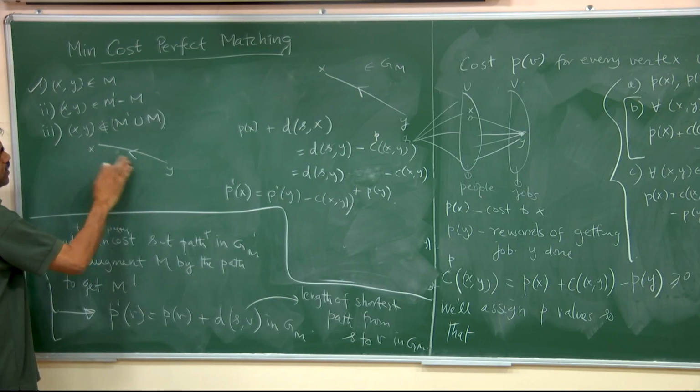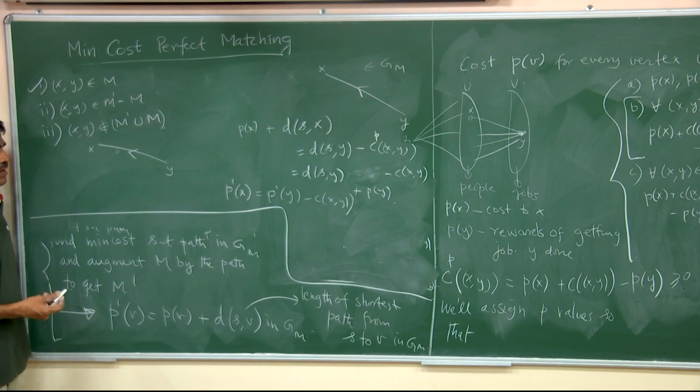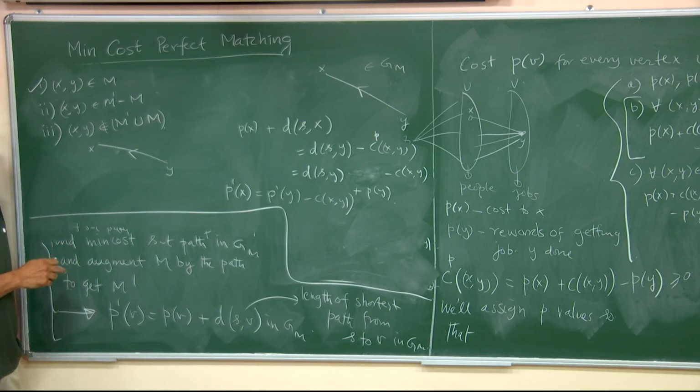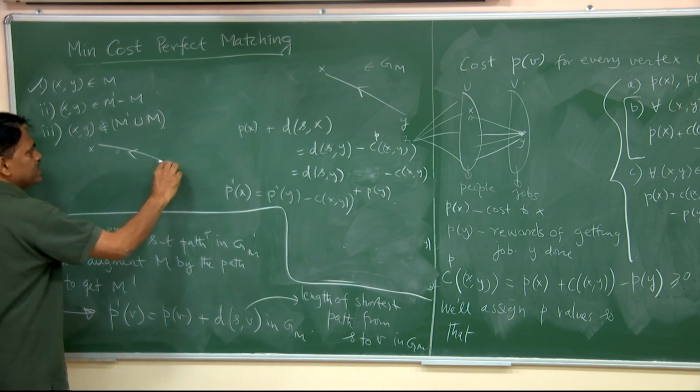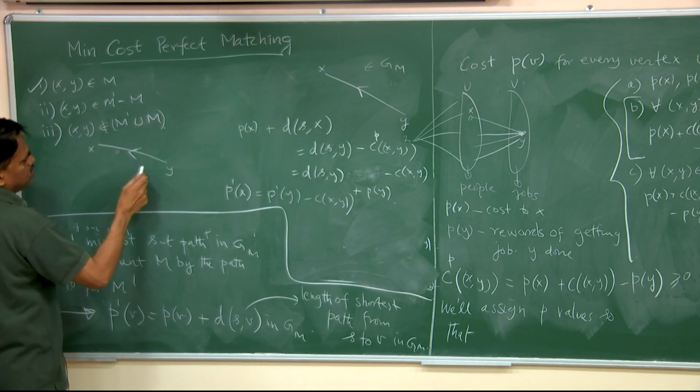In that min cost path, yx is there. That's why this edge xy got in, right? Because this was in M prime but not in M, that means in the augmenting path this edge was there. So this was in the shortest augmenting path.